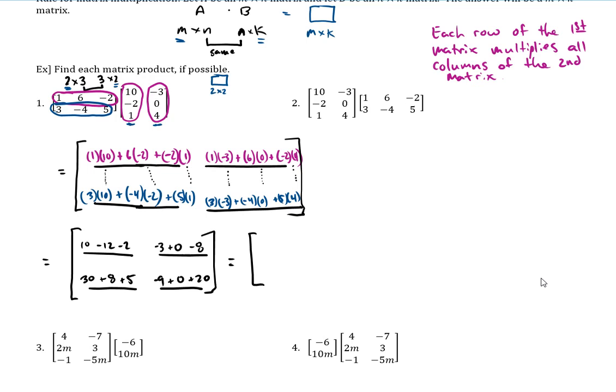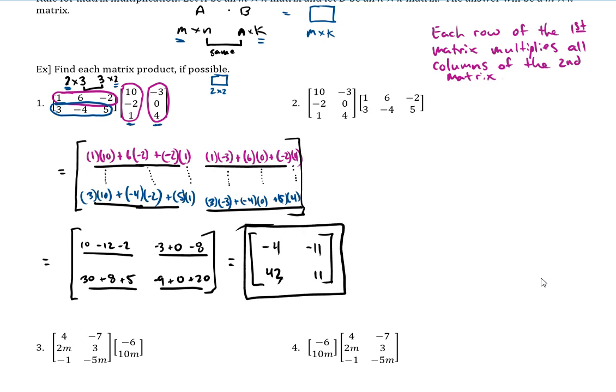So 10 minus 12 minus 2 would end up to be negative 4. Our second element in the top right would be negative 11. And then here it looks like this would be 38 and then 43. Okay, so 43. 38 plus 5 is 43. And then our last one is positive 11.